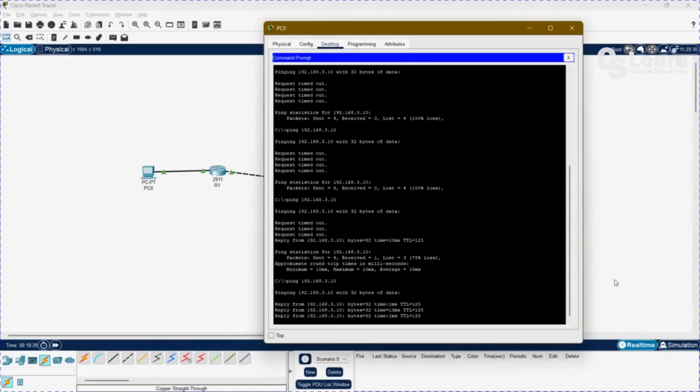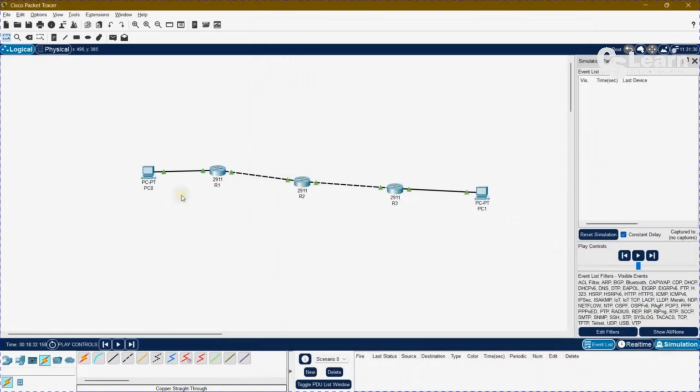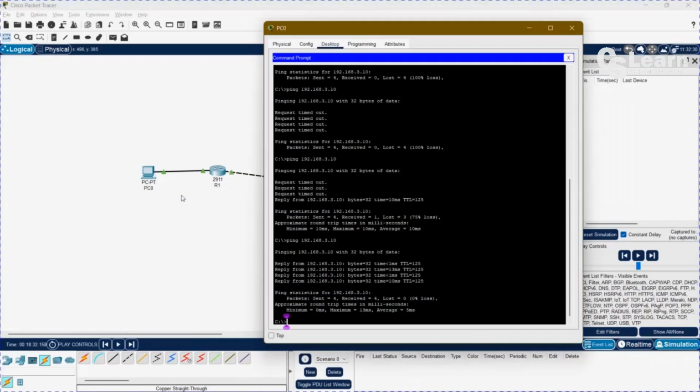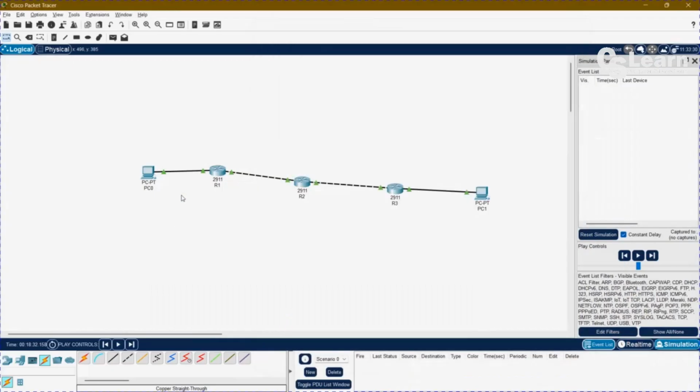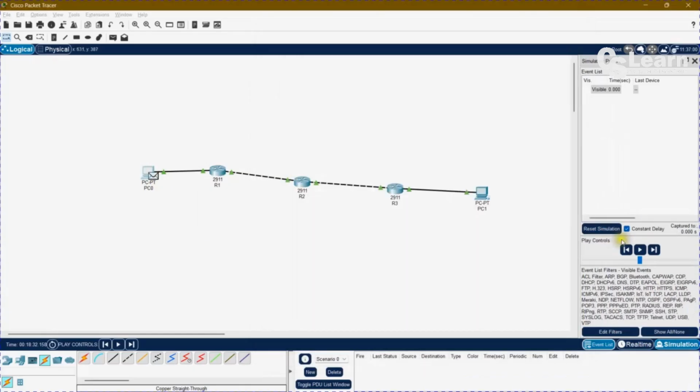Yeah, right now it works. So here the default gateway was the problem. I finally figured it out. So go there and click it. So right now check it again.